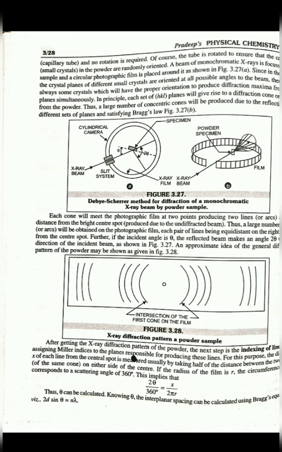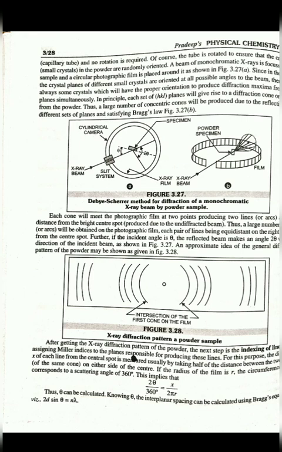A beam of monochromatic X-rays is focused on the sample and a circular photographic film is placed around it as shown in the figure. Since it is a powder, the crystal planes of different small crystals are oriented at all possible angles to the beam. There will always be some crystals which have the proper orientation to produce diffraction maxima from all the planes simultaneously.